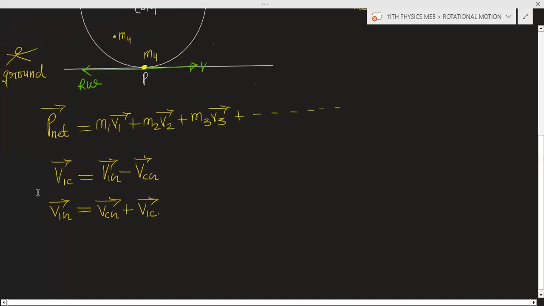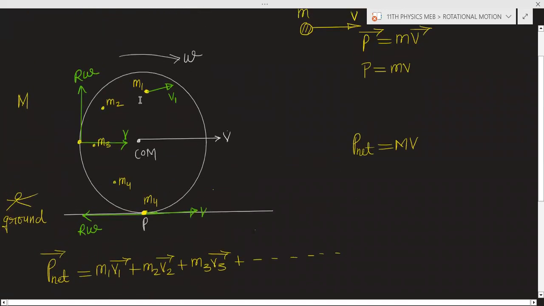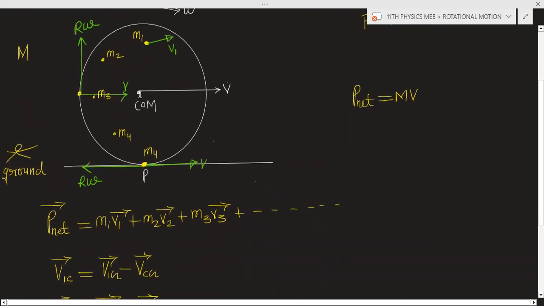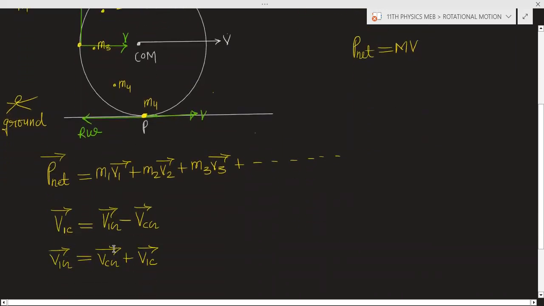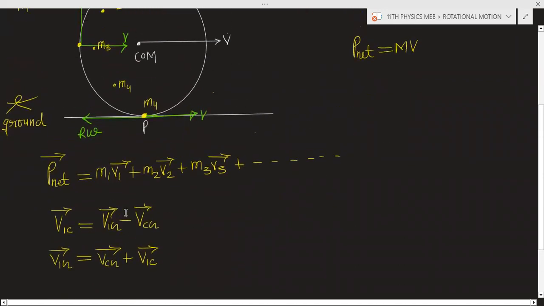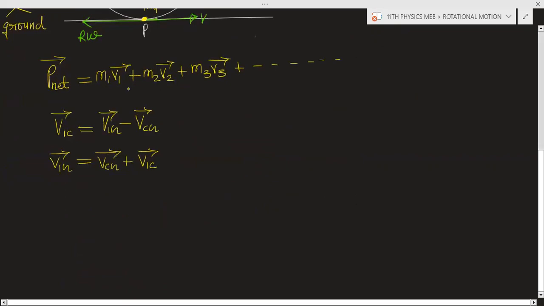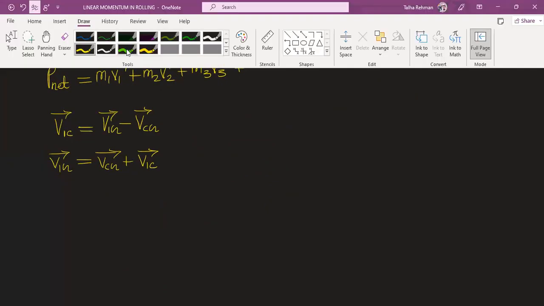So this is the relation between the velocities. If you want to find the velocity of mass 1 with respect to the ground, that will be equal to velocity of center of mass with respect to the ground, plus velocity of mass 1 with respect to center of mass. So this point you should remember.